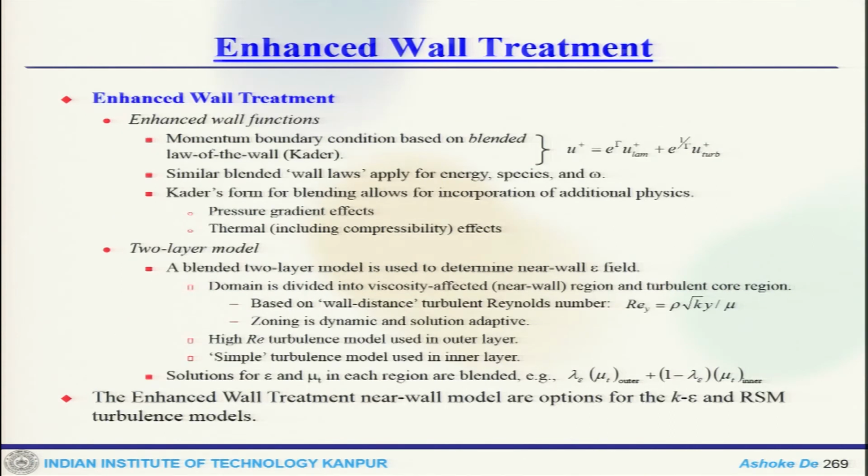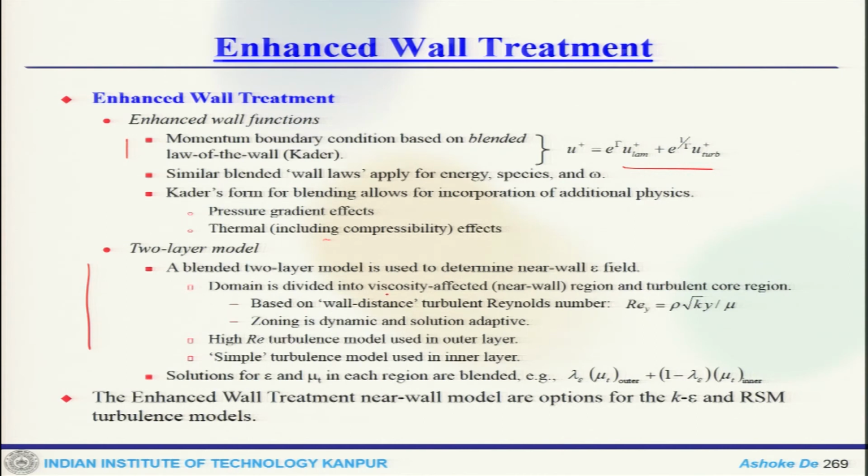Now this is enhanced wall treatment, where the momentum boundary layer is blended, similar to blended wall laws, and the pressure gradient effect and thermal effect are taken care of. If you go for the two-layer model, this blended two-layer model is used to determine the near wall epsilon field.